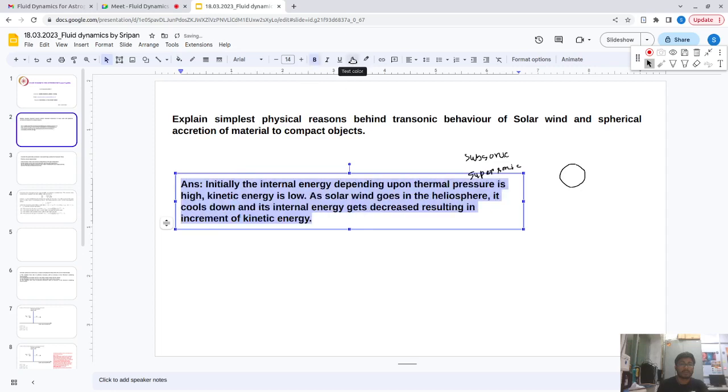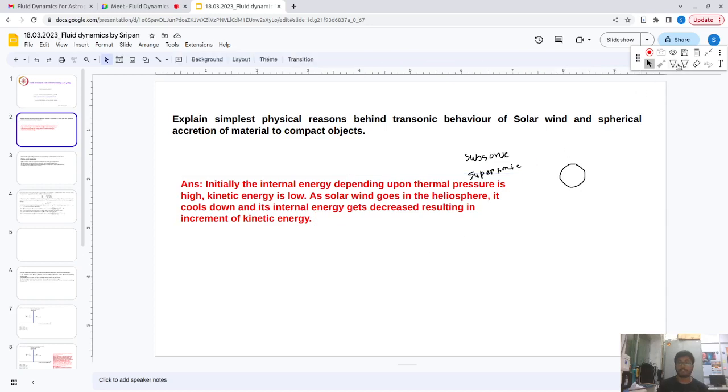Okay, so this is the first solar wind. Now what we have is spherical accretion of material to compact objects. So what happens is, when you have a compact object, so let's say this one is a compact object, and it is accreting some material which are around it, right?